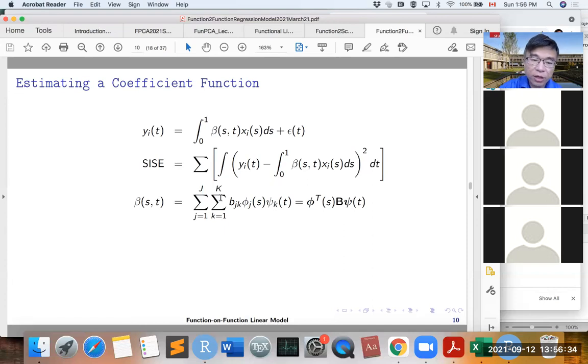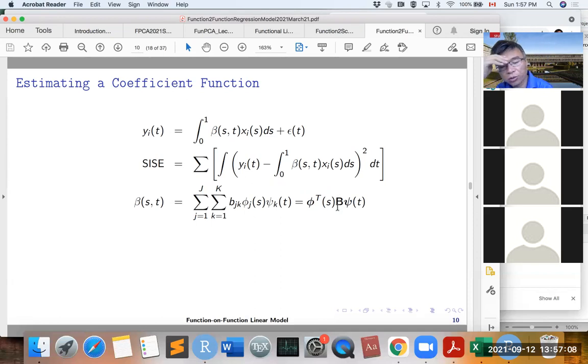Okay, so if we have this tensor product to represent beta(s,t), we can write down the beta(s,t) in this form. Okay, so you notice here we have this vector of the basis function phi(s) and the vector of the basis function psi(t) on two sides, and we will have a J by K basis coefficient matrix B in the middle.